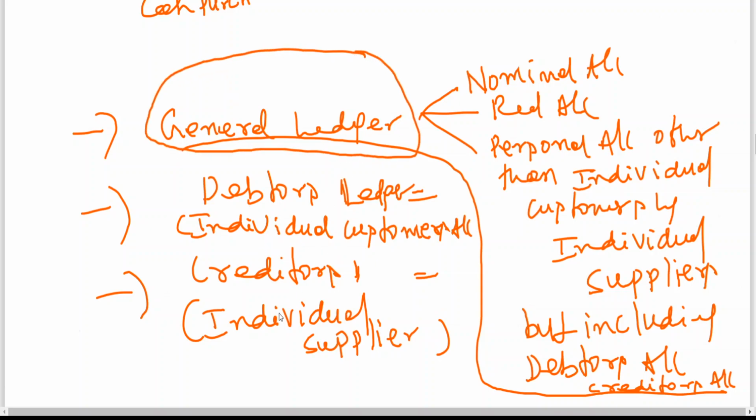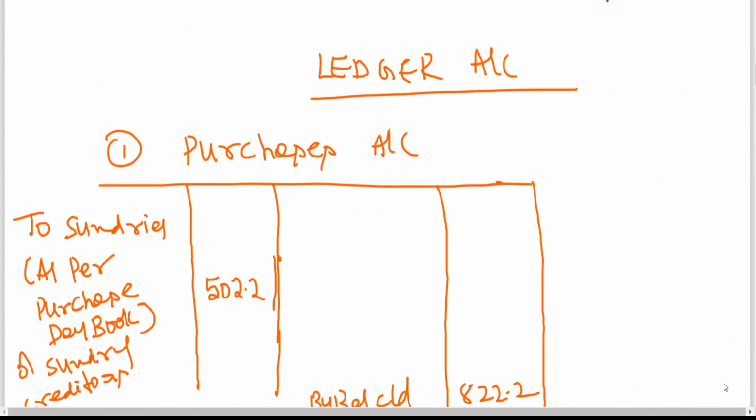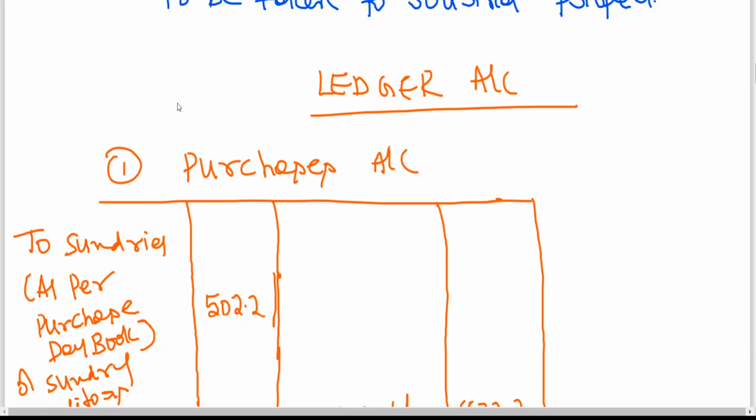So debtors ledger and creditors ledger individually, but total debtors and total creditors will come under which account? General ledger. So general ledger consists of nominal account, real account, personal accounts other than individual customers and individual suppliers, but including debtors and creditors. I think now you can see here, purchase account comes under where? General ledger.